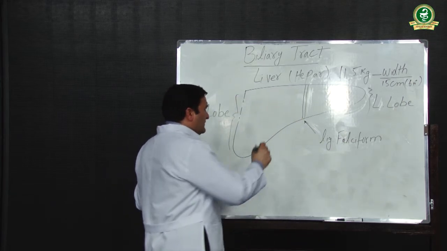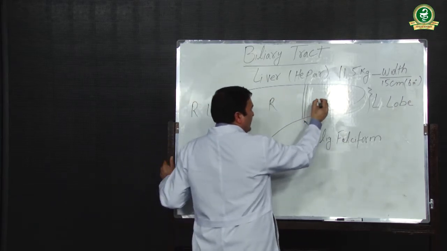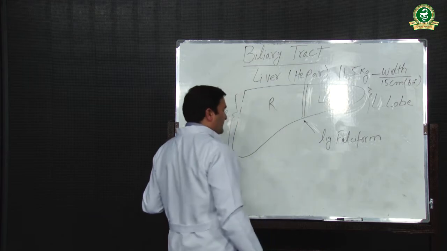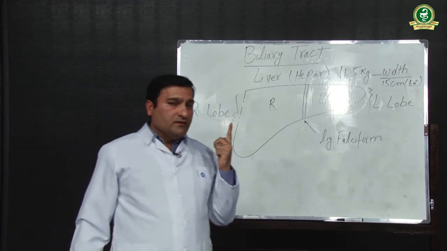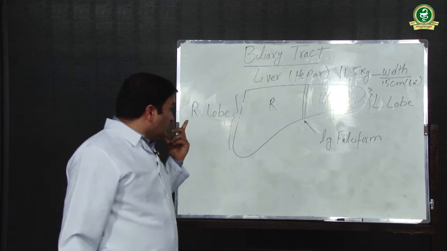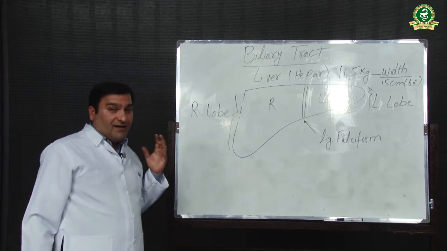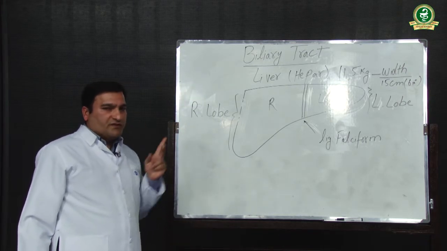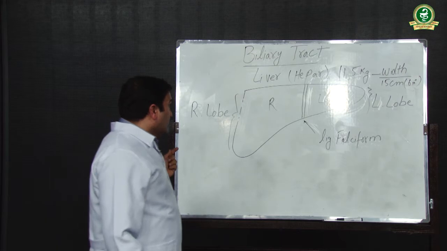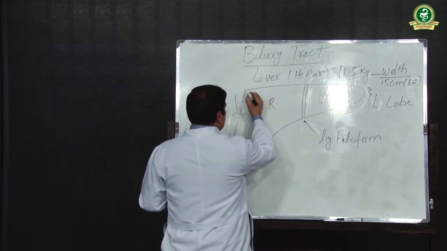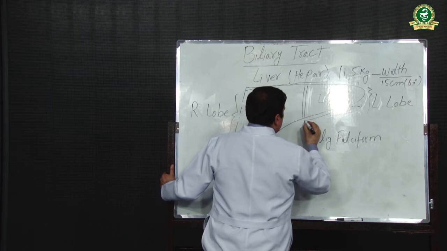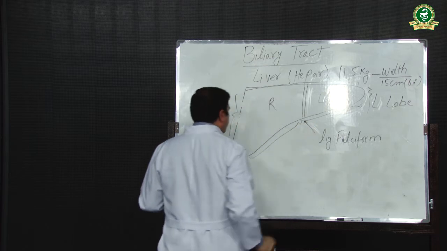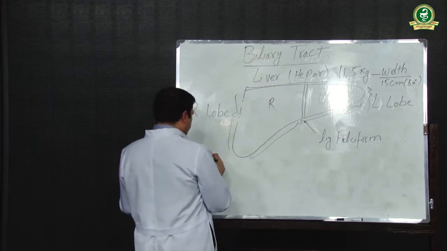Right and left, divided by the falciform ligament. The liver has two lobes, and on the superior side of the liver there is the diaphragm. It means it has two surfaces.